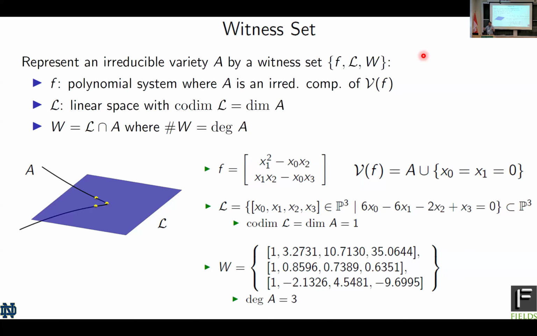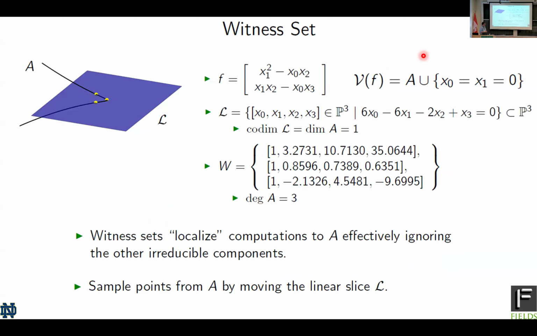And Bertini's theorem guarantees this, and then you'll have some extra stuff. But the beautiful thing about this is witness sets localize the computations. So even if you randomized or didn't take the right polynomials and you have extra stuff, this extra stuff is effectively ignored because I'm just looking at the intersection points that I have.